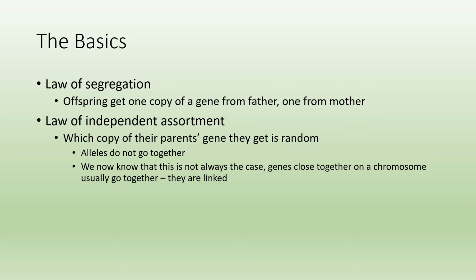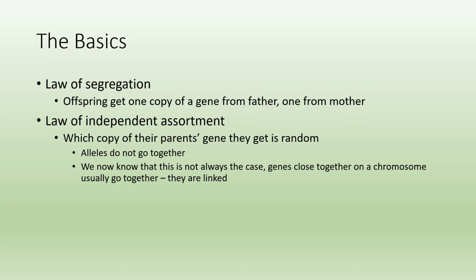The law of segregation means that offspring get one copy of a gene, one allele from each parent, one from mom, one from dad. We now know this is because we have two copies of our genes and they're on chromosomes, and you get one chromosome from your mother, one copy from your father, each with one gene, which can have a lot of different alleles or variations.